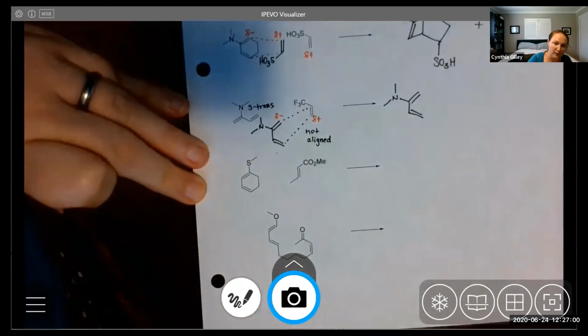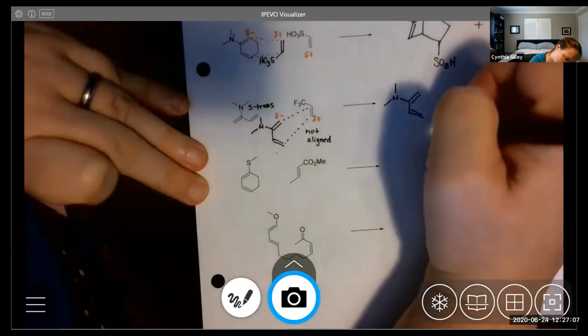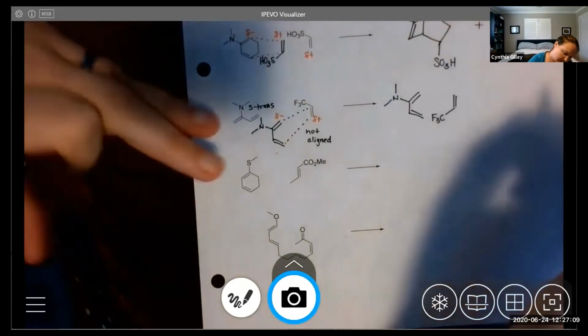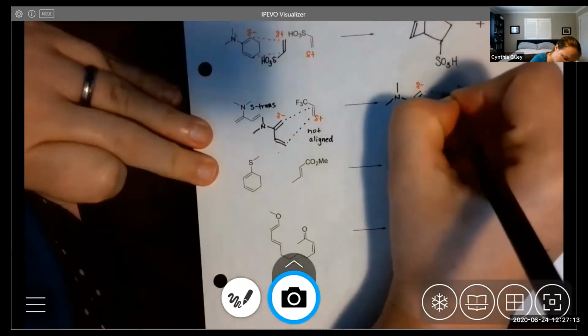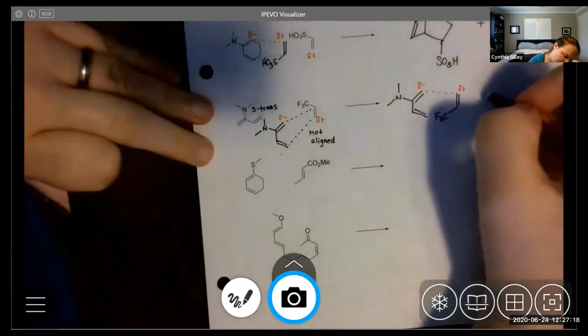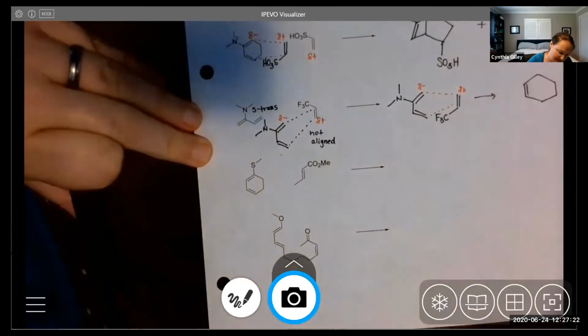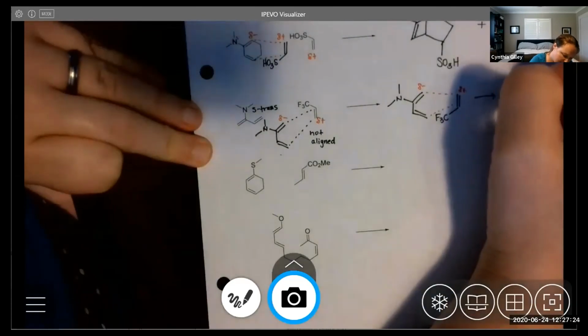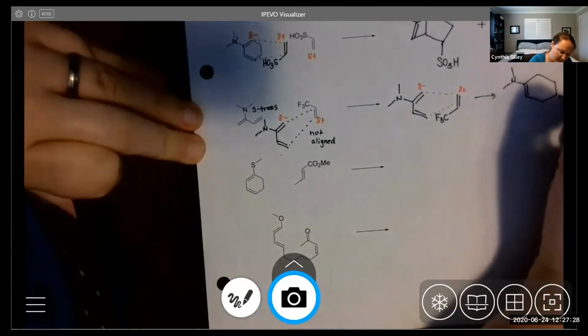Typically, we flip over the dienophile by convention. So I'll just make sure that's over, so that now I have perfect opposite charge. Sketching my cyclohexene ring, methylamino group there, and then the electron withdrawing group down.